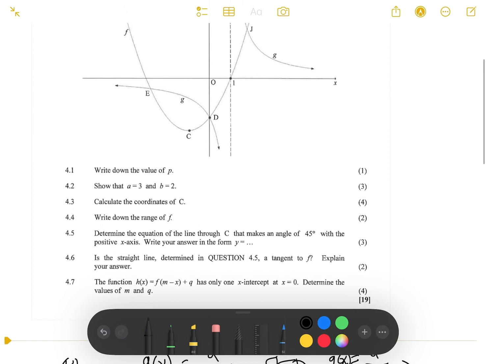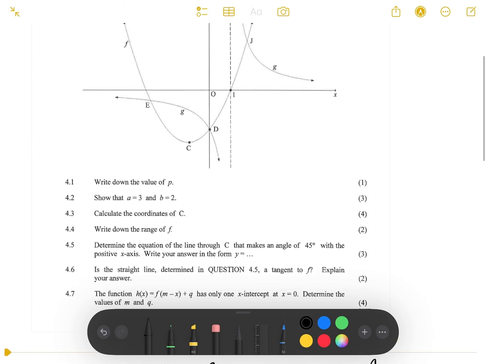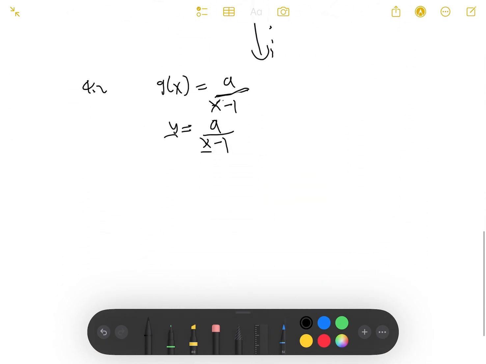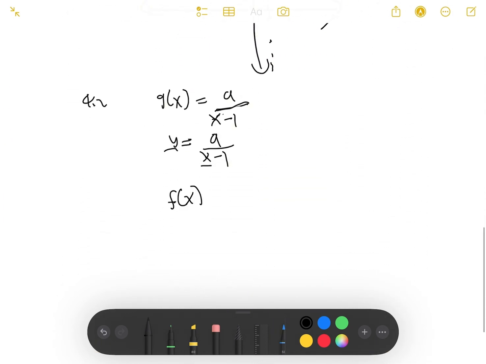Yes, we do have a point, and our point is point D, where the two graphs intersect. But how are we going to find D? It's easy to find D since we are given f of x as x squared plus bx minus 3. We know that this will be the y-intercept of our graph of f, which is the same as the y-intercept for g since that is their intercept.